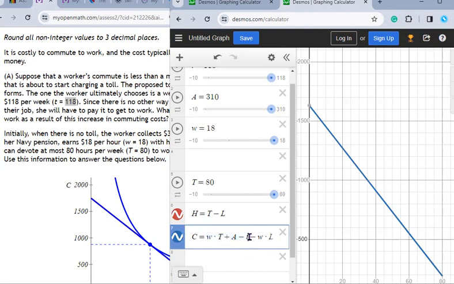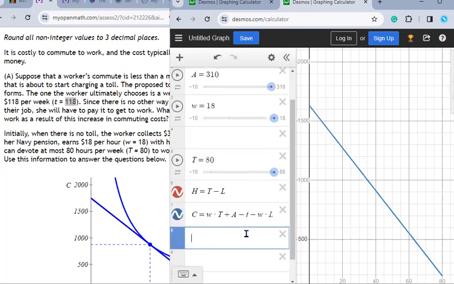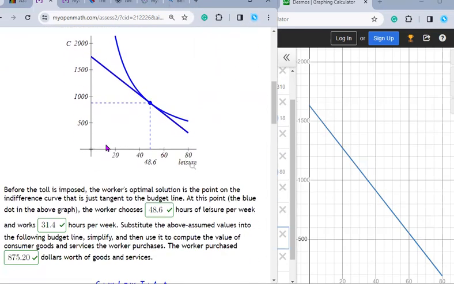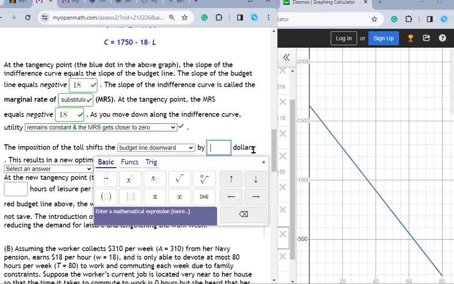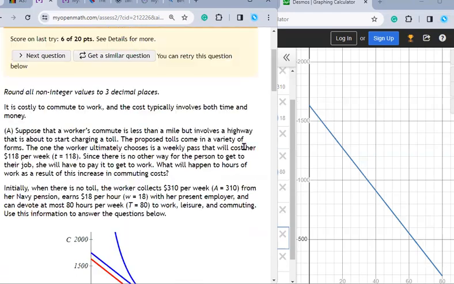This right here was zero. Now it's 118. So given a level of leisure, it's subtracting from the height the amount of the toll, right? So the budget line shifts in. The imposition of the toll shifts the budget line downward by the amount of the toll, right?